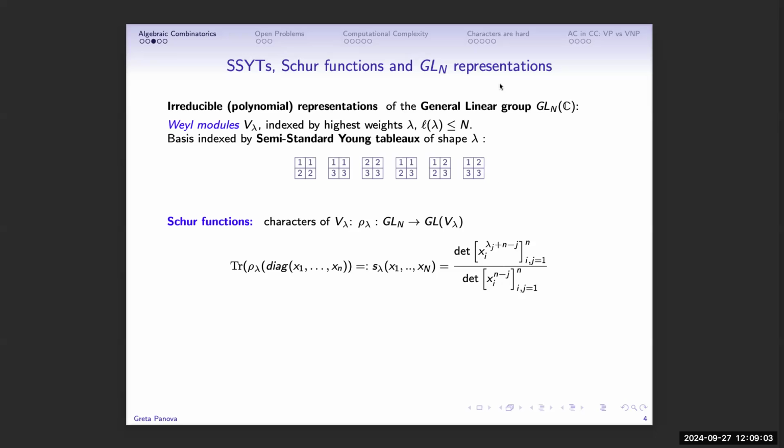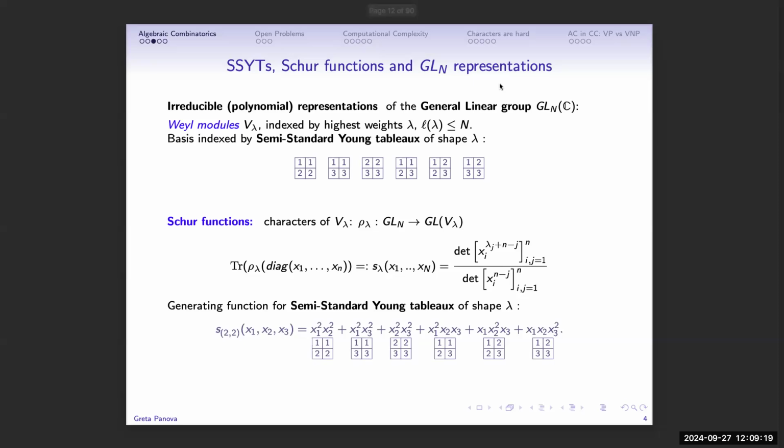In the case of the general linear group, for the irreducible representations, the characters are the Schur functions, and these have various nice formulas. Here is a ratio of two determinants, but it's also very combinatorial. It can be expressed as a symmetric polynomial with positive coefficients, where each of the monomials corresponds to one of these semi-standard tableaux.